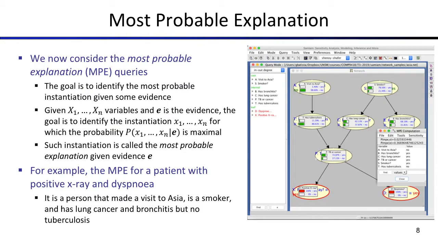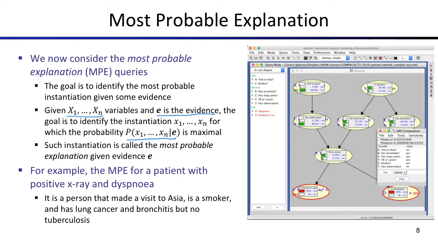Okay, so our third type of query is slightly different from the previous ones. It's called the most probable explanation, or simply MPE. For the MPE, we need to take all the network variables and a piece of evidence, and we compute the posterior that has this form here.